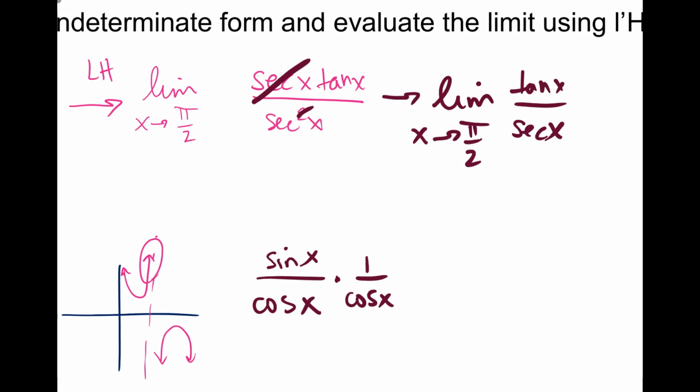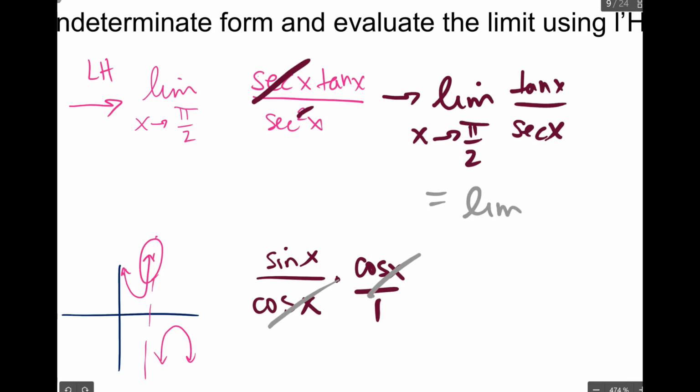I don't think this is actually going to help me. Secant is 1 over cosine. So I'm dividing by 1 over cosine. Oh, wait. I'm going to be multiplying by cosine over 1. So which means these go away. It's the same thing as saying the limit as x approaches pi over 2 of sine of x.